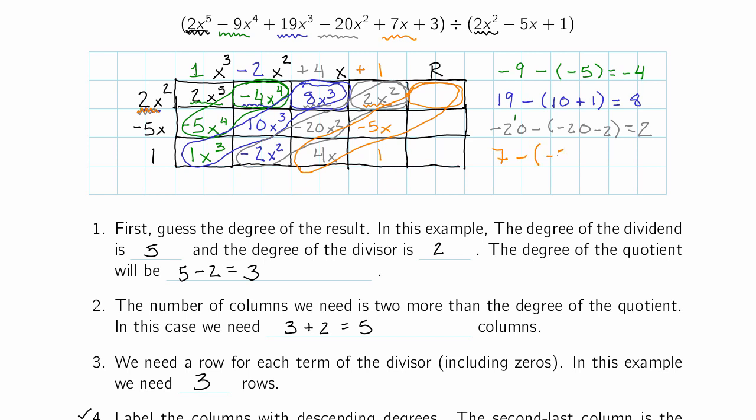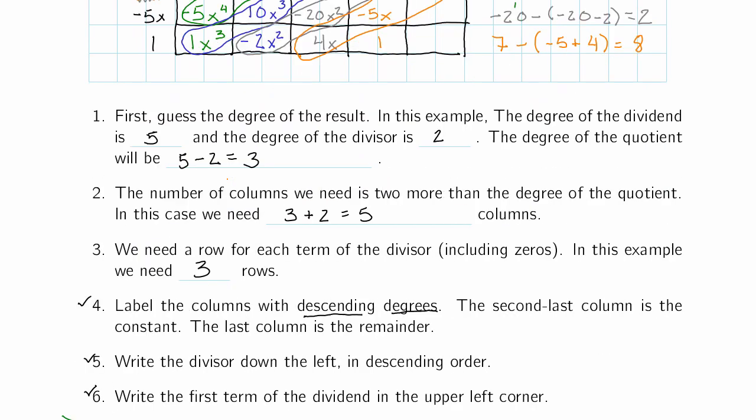I have a negative 5 plus 4. So what I need to put in that box is an 8. I need an 8x. 8x minus 5x is 3x plus 4x is 7x. So that diagonal now adds up to 7x. That was what I was supposed to repeat until, right?